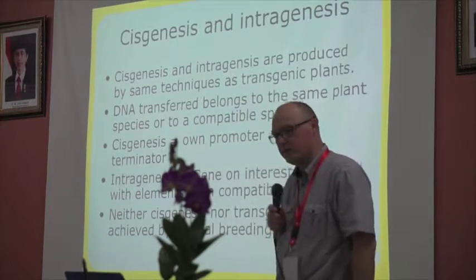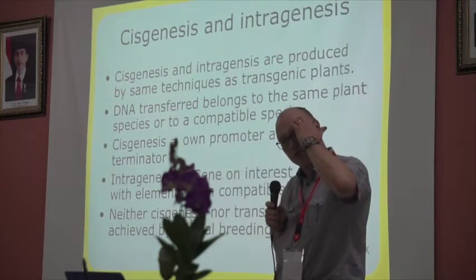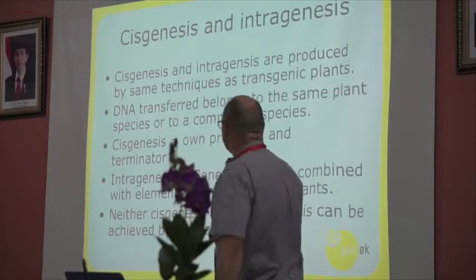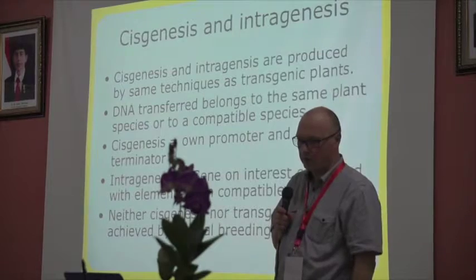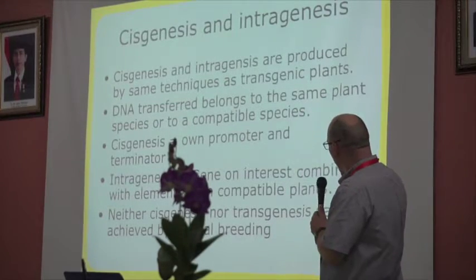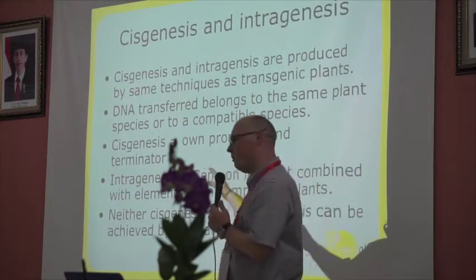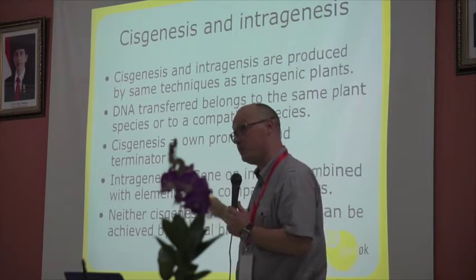Cisgenesis and intragenesis are terms used in connection with transgenic plants. It was talked about quite a lot, but then it sort of quieted down. Basically, it's a GMO made from genes from similar species.